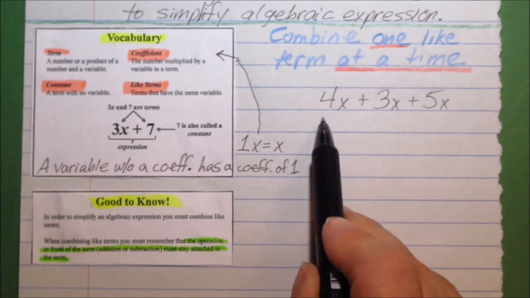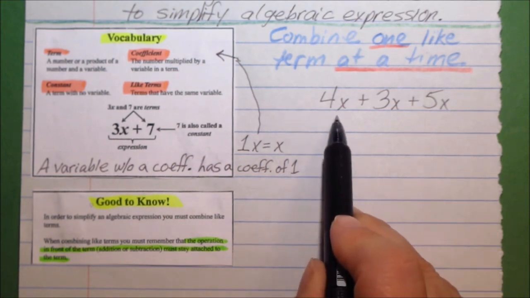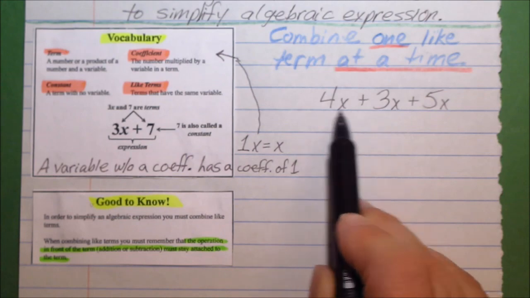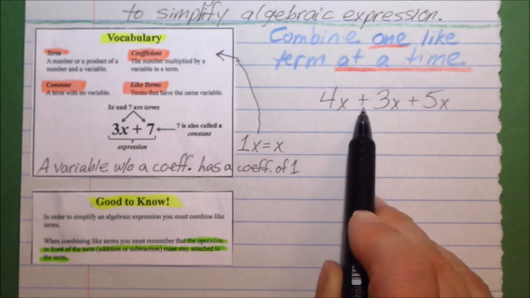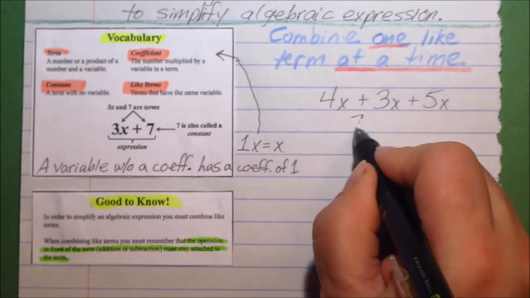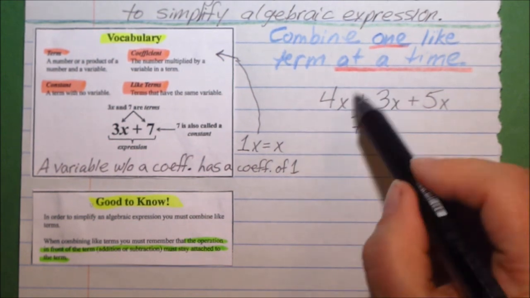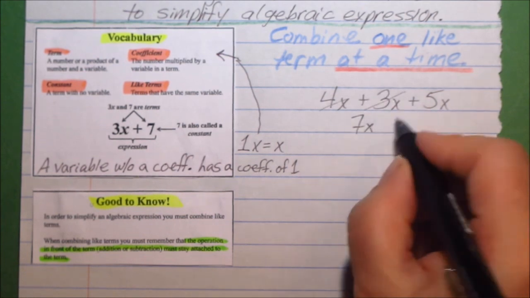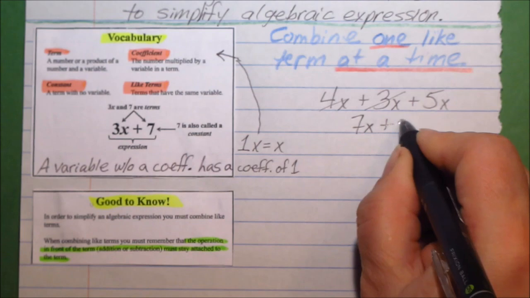So I'm going to look at my first term, it's 4x, and find out, are there any other like terms in this expression? Well, yes, the very next one has the same variable, 3x, so I know that these are like terms and I can combine them. So 4 plus 3 is 7, and you keep the variable. So now I have taken care of combining those two. I bring down the rest.